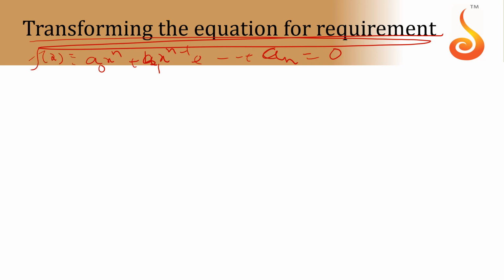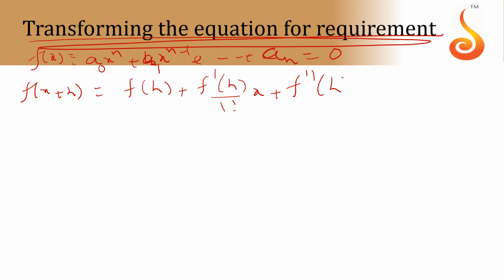You know by Taylor series, f of x plus h will be f of h plus f dash h by 1 factorial into x plus f double dash h by 2 factorial into x square plus so on, f nth derivative at h by n factorial into x power n.